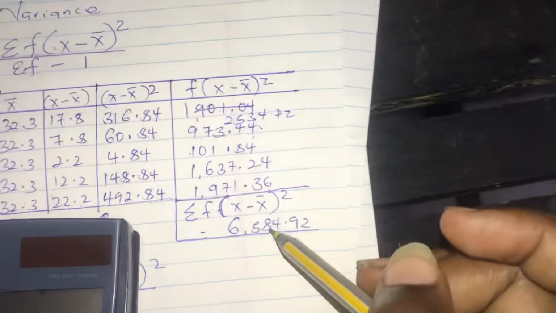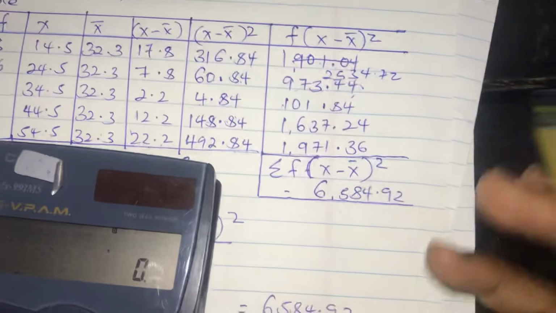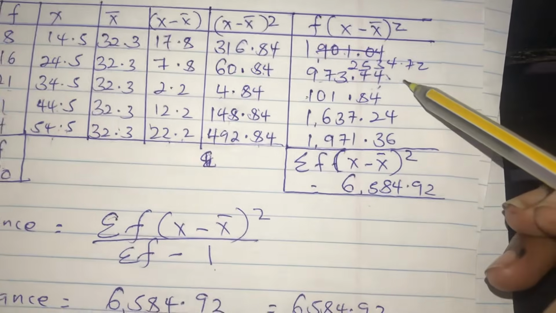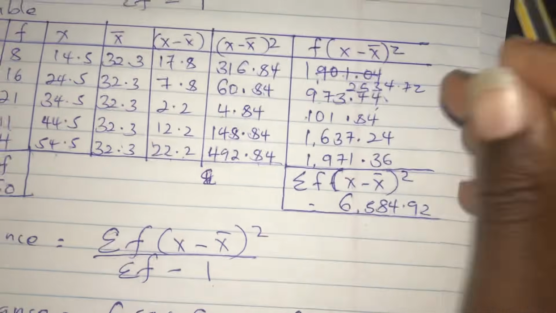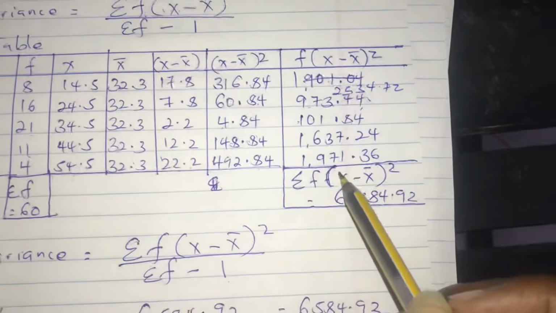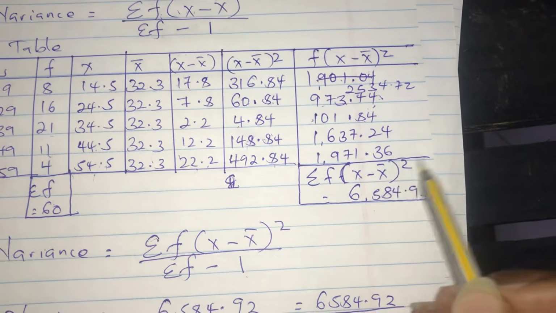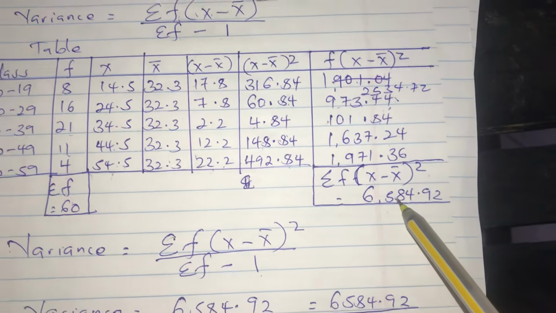So the summation will change a bit. After that you get the summation of the figures. It is what we call summation f into brackets x minus x bar squared. You add these to get this.